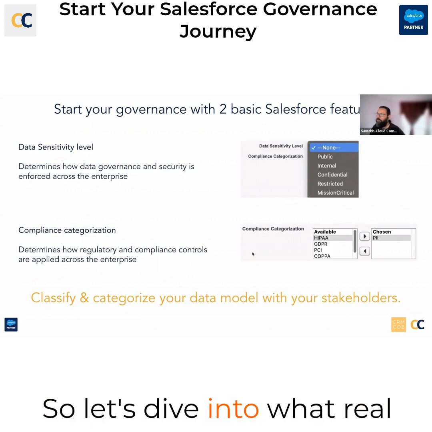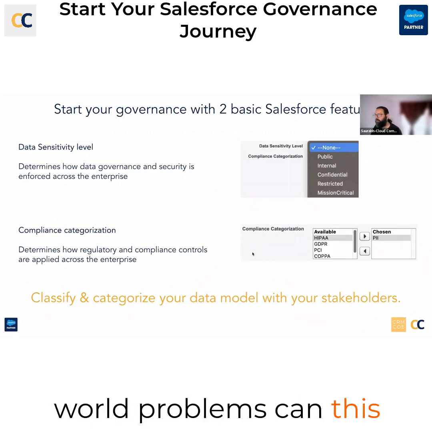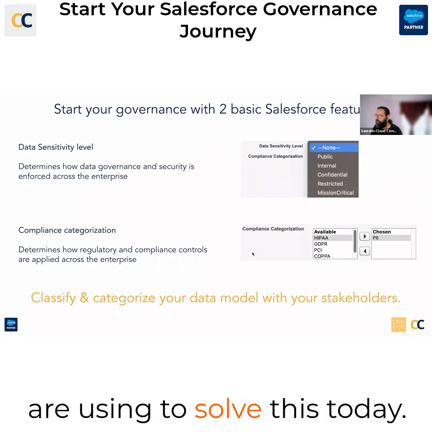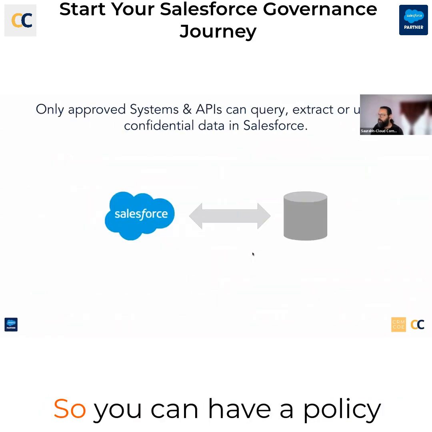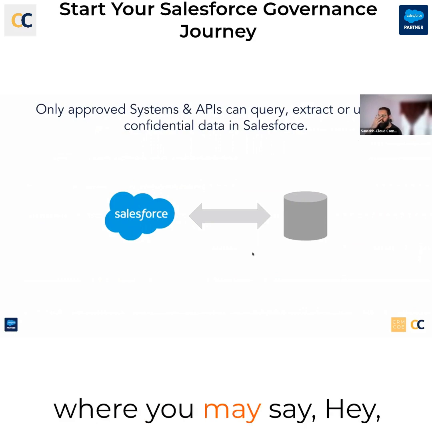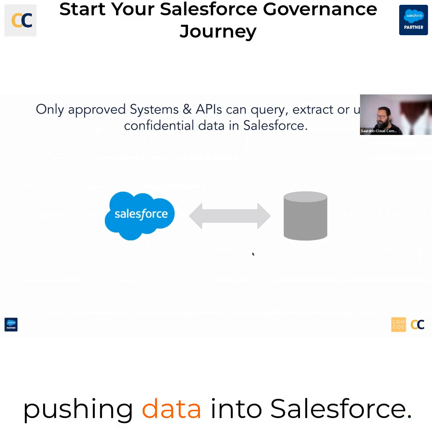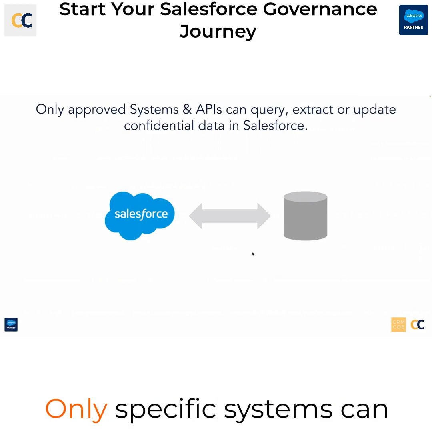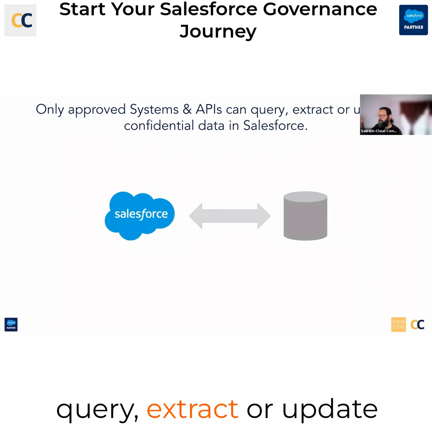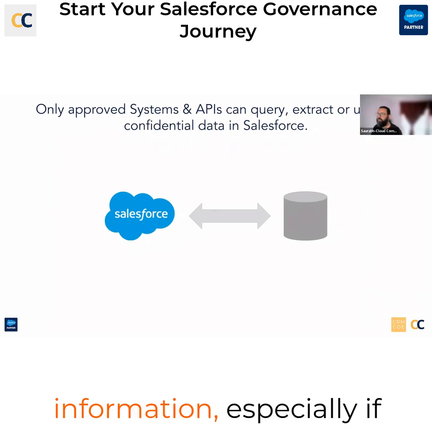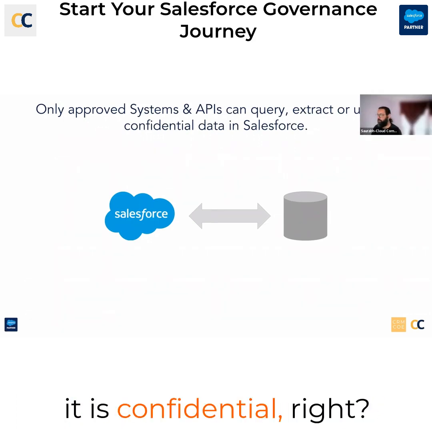So let's dive into what real-world problems this can solve and what customers are using it to solve today. You can have a policy where you say, hey, anything that's talking to my Salesforce, APIs, ETLs, extraction of data, pushing data into Salesforce, only specific systems can query, extract, or update information, especially if it is confidential, right?